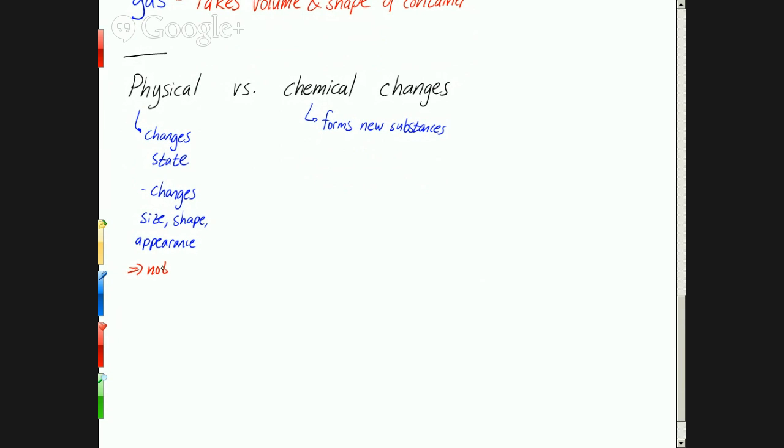But crucially, not its identity, not what it is.